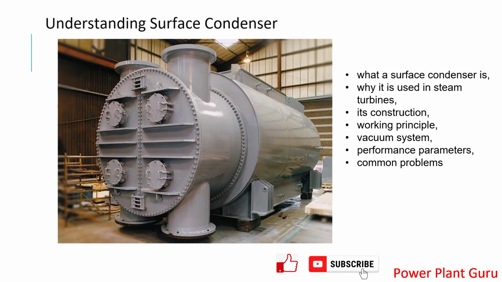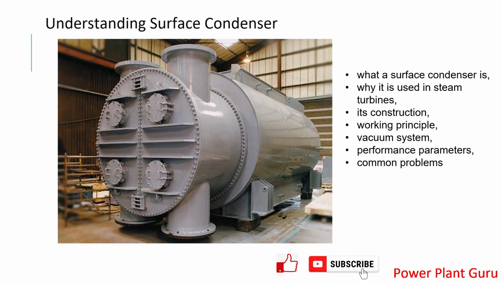So if you see this image, many of you might have seen this in your plant, right? This kind of condenser. If not, maybe a similar type of condenser you will find in any power plant of medium to large scale.